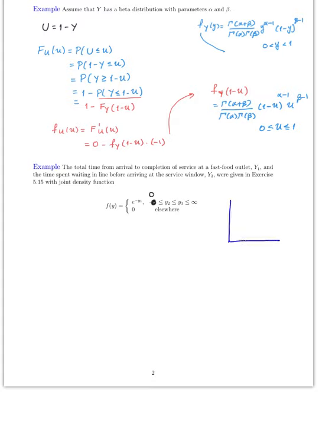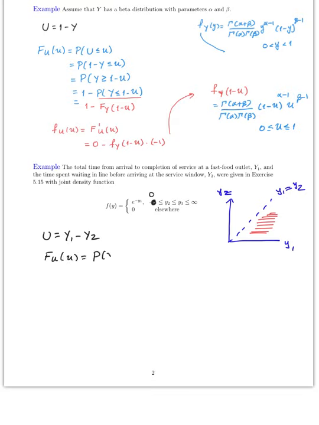So notice that this is y1. We have done a similar graph to this multiple times. This is y1 equals y2. y1 less than y2 will be this part, and this keeps going to infinity. Here we are focused on finding the distribution of U, which will be y1 minus y2. So remember, we need F of u, lowercase u.